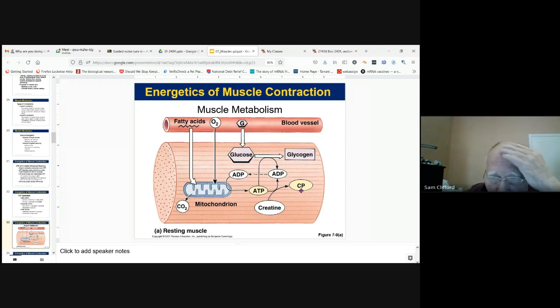So that makes the situation in resting muscle. First of all, glucose is stored in the liver if you don't need much glucose at the moment. But if your muscle is moderate activity, there'll be oxygen available, and you will have ATP available and also creatine phosphate.